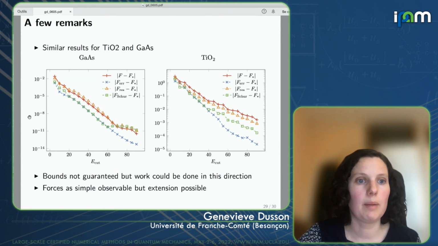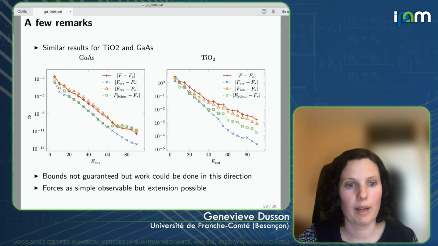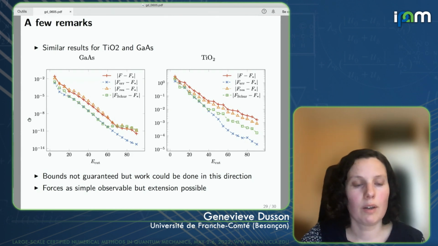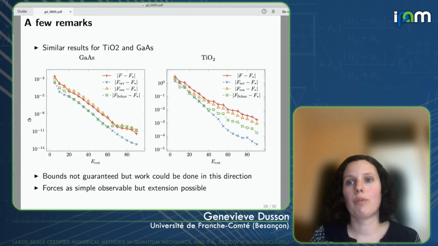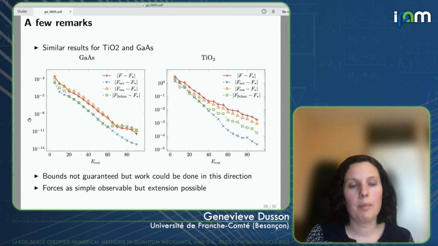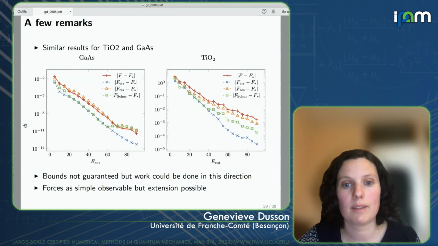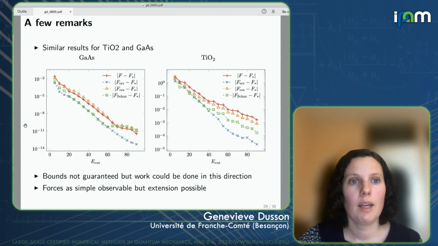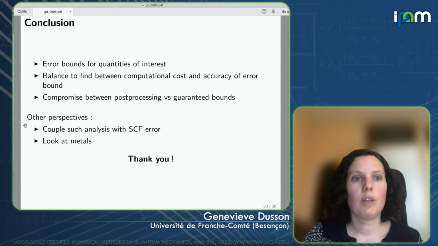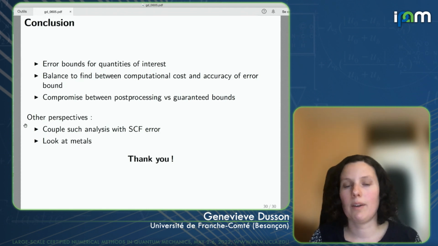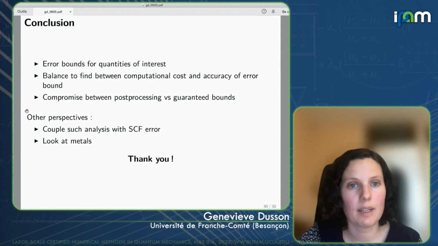It would just probably be a bit more expensive to evaluate. And also the forces are a simple first observable, but of course extensions to more involved quantities of interest would be possible.